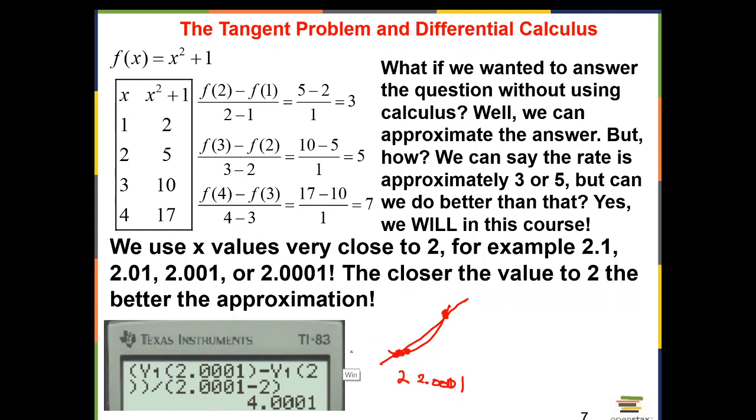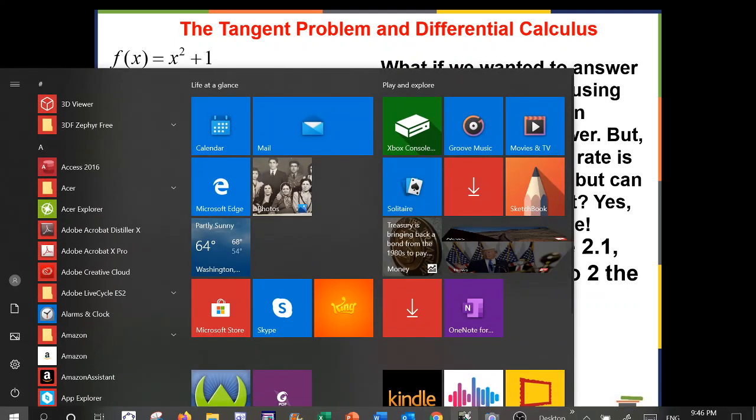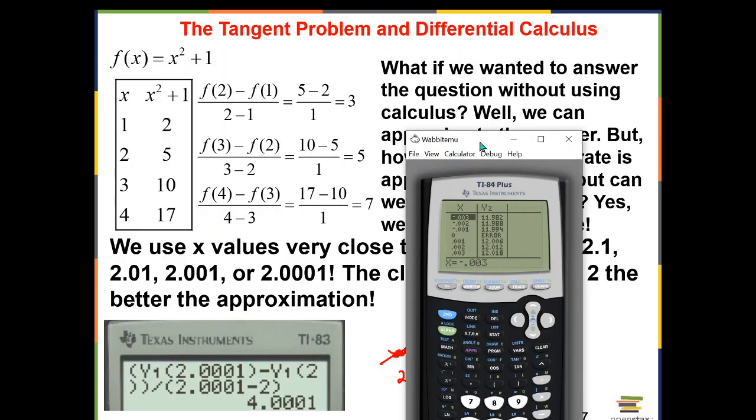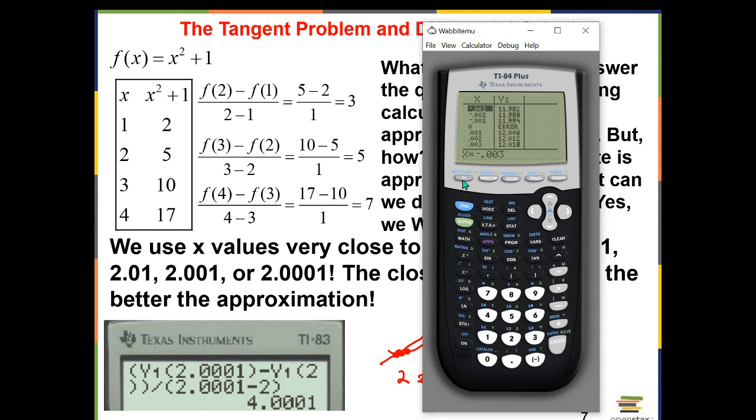How do we do that? Well, we can use a calculator. Let me wait for it to open. What we can do is put the function x squared plus 1 in y1, and then go to the home screen.